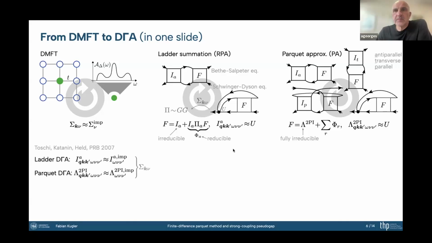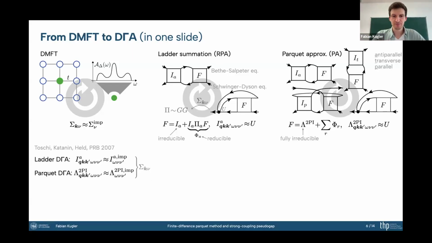Okay. Now that just sort of is the background. What we do want to do in D gamma A is take non-perturbative input, fully dynamical vertices. And these vertices from the impurity models, they can be obtained with modern impurity solvers, and they have been studied over the years.